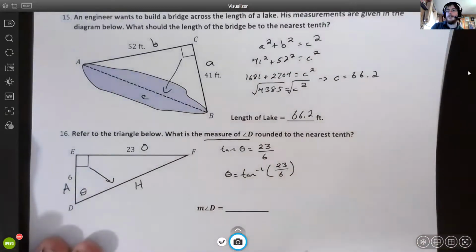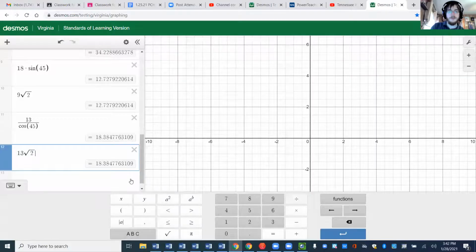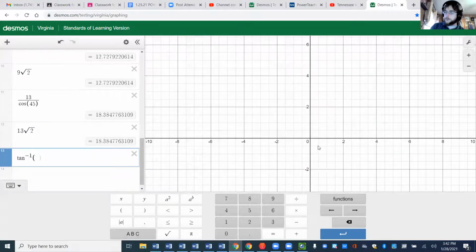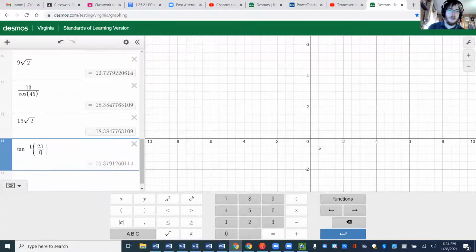And if we type that into the calculator, we get approximately 75.4 degrees. So the measure of angle D is 75.4 degrees.